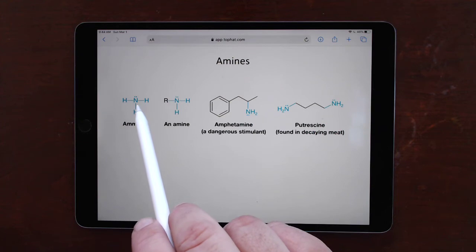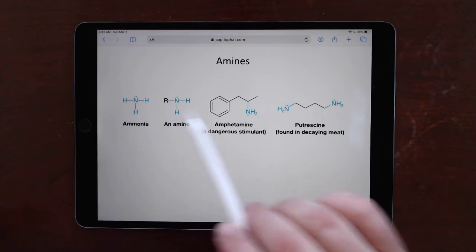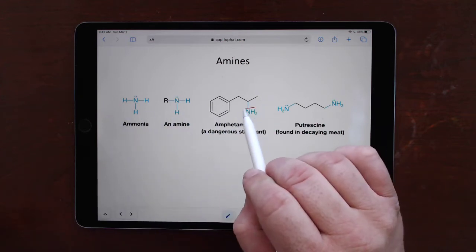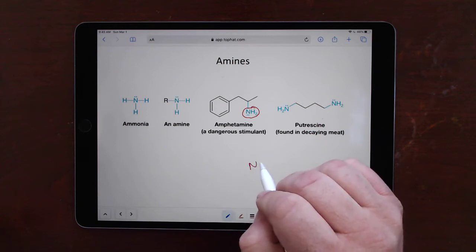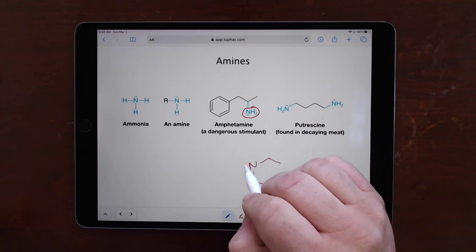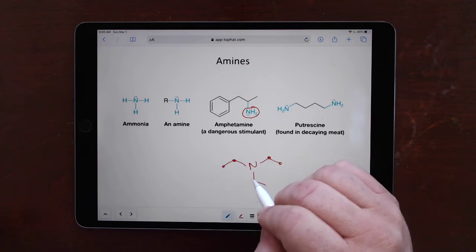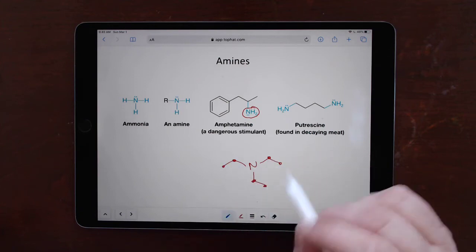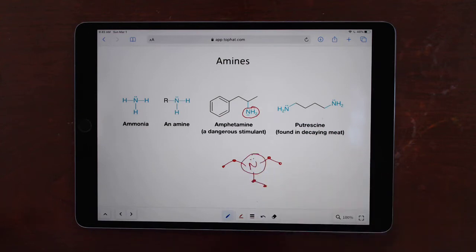You're just going to have a nitrogen with things hanging off of it. So here you've got NH2. You could also have just carbon groups hanging off it. So this would be an amine as well. It does not have to have hydrogens hanging off of it. So that's an amine as well.